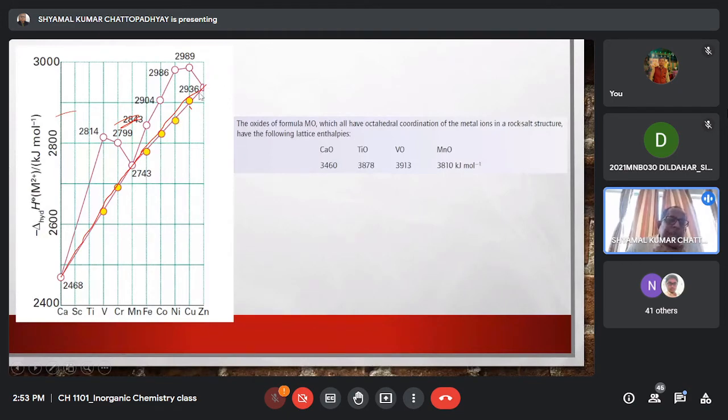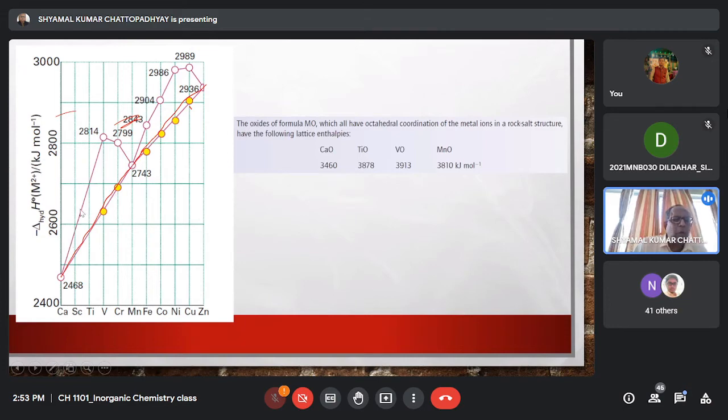But if you include the crystal field stabilization, which is the real thing, instead of a smooth straight line, we get this kind of double hump curve, and this double hump curve is arising because of the CFSE of this D3, D4, D5.